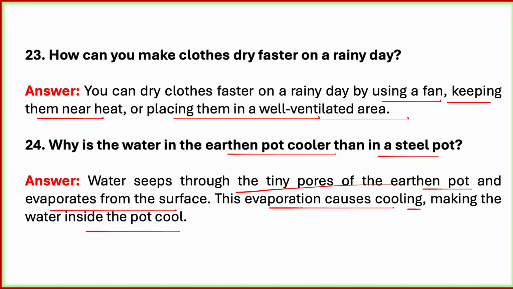A little bit of water slowly comes out through these tiny holes. When this water comes out, it evaporates. Evaporation needs heat, so it takes heat from the water inside the pot. When heat is taken away, the water becomes cool. That is why water stored in an earthen pot feels colder than water kept in a steel pot.